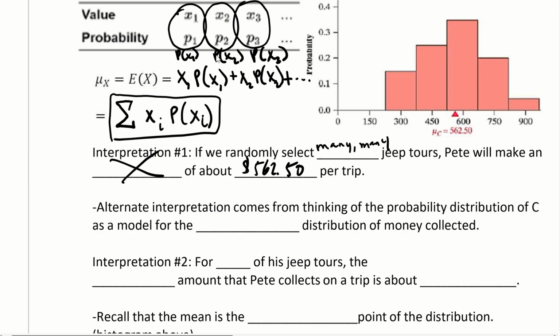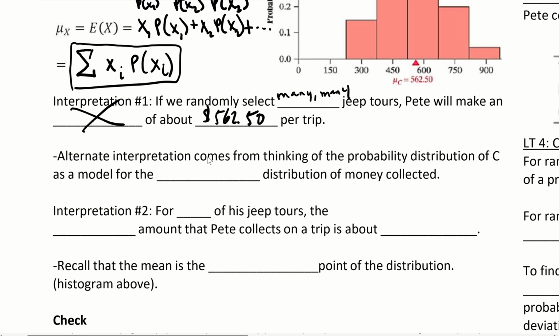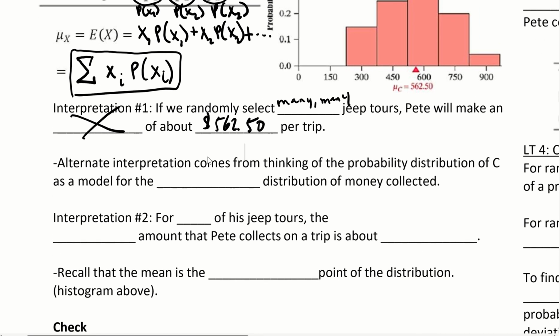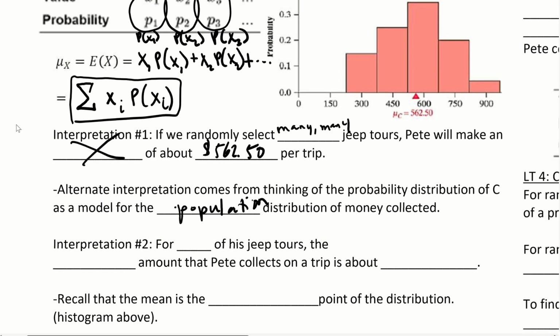All right, and then the alternate interpretation comes from thinking about the probability distribution as a model for the population, okay? If you think of the probability distribution as a population, that's why we use mu here, because mu is for population, right? We usually use x bar for a sample, notice.